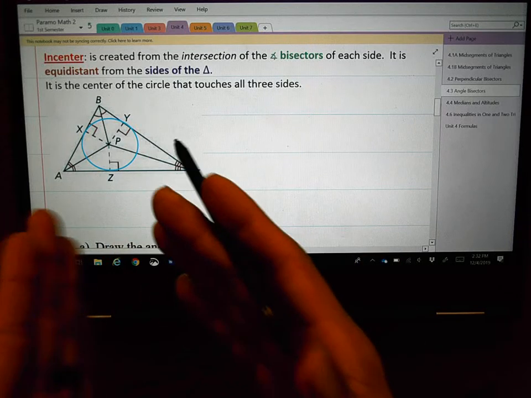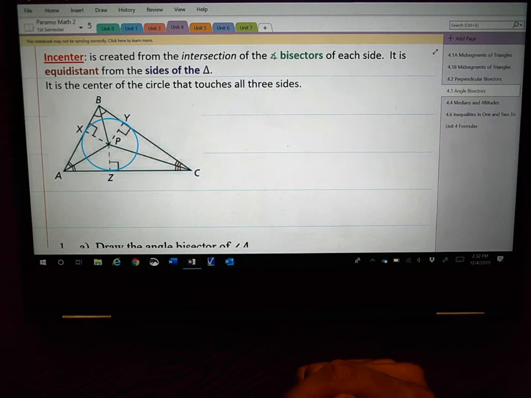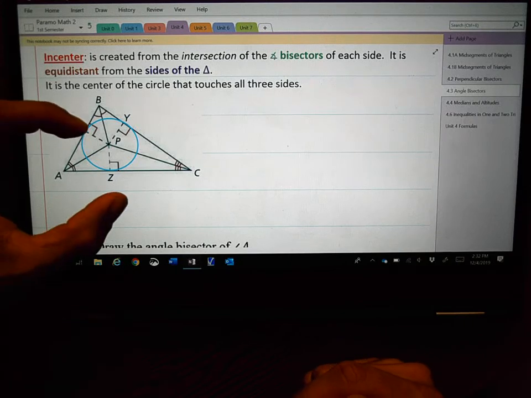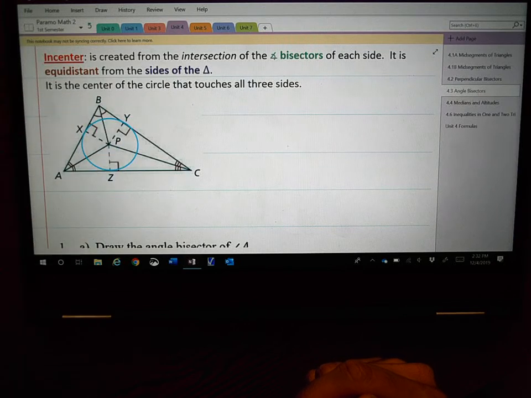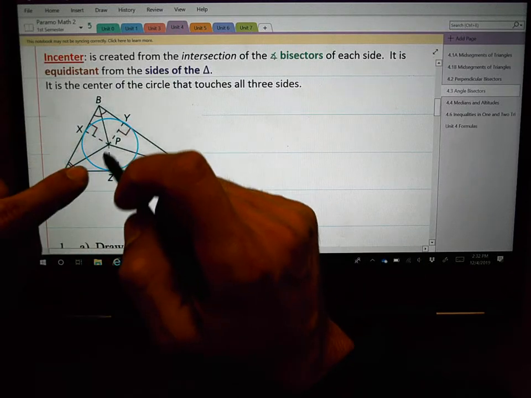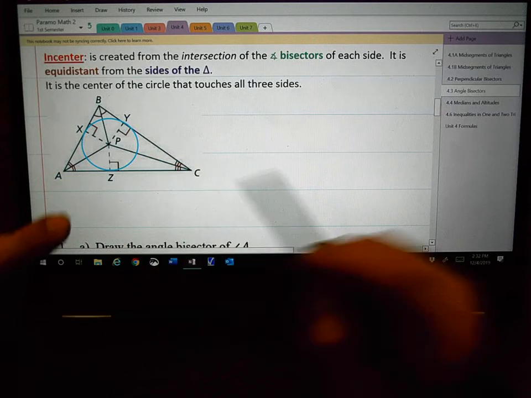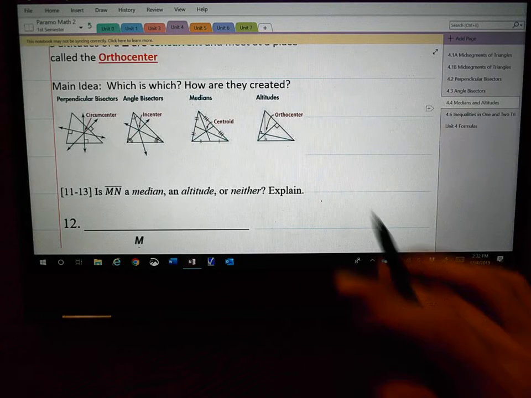So I have to be able to know that this is different than the one I showed you before. It creates the center of the circle that touches all three sides perfectly. Angle bisectors create this point called the incenter, if you extend them. Perpendicular bisectors create something called the circumcenter.